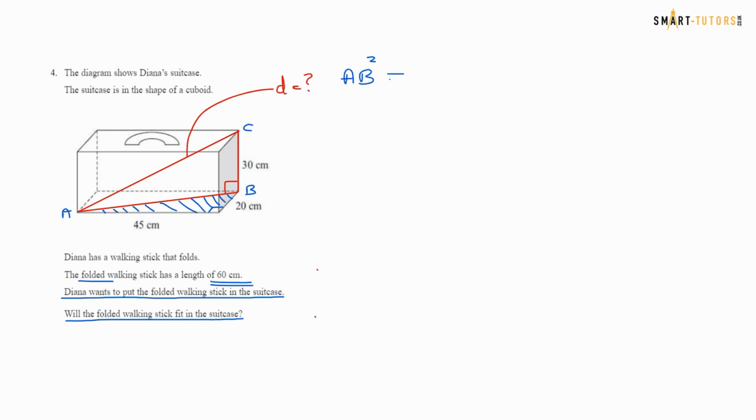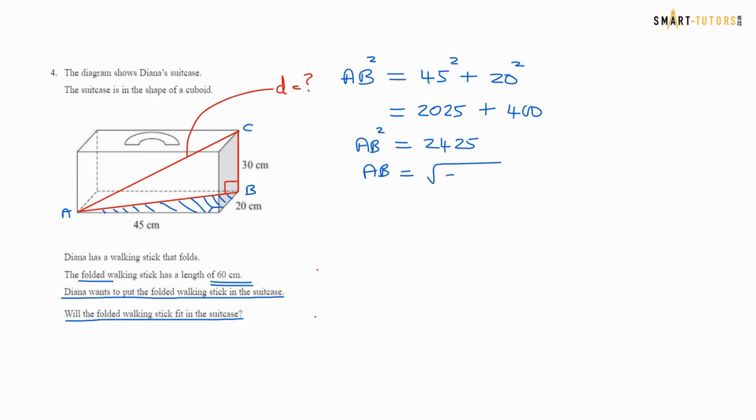AB squared equals 45 squared plus 20 squared. So 45 squared is 2025, plus 20 squared is 400, and the answer is 2425, and that is AB squared. So AB equals square root of 2425.